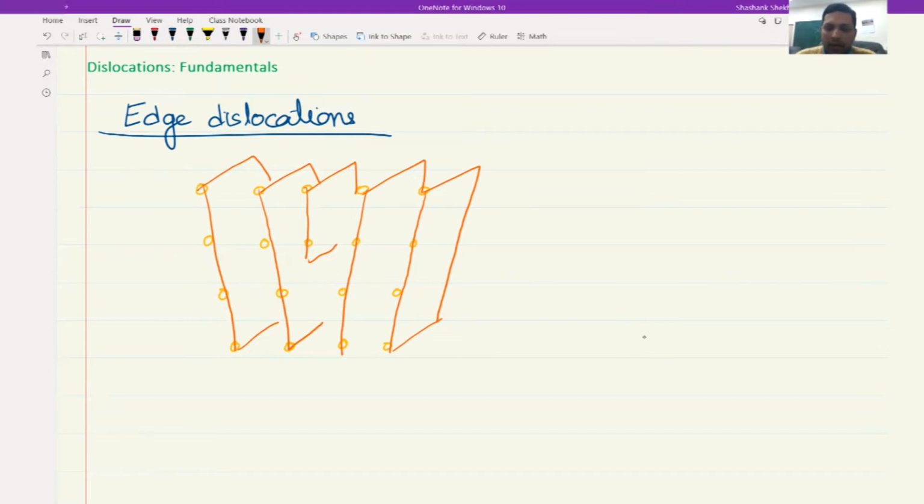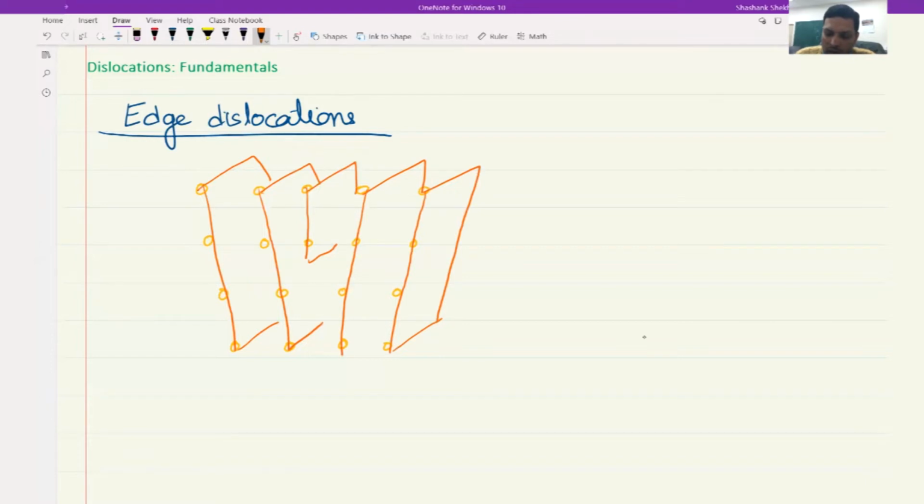So this is a 3D structure, although I have shown only a 2D view of it when we are looking at atoms. But now that I have drawn the planes, it would be clear to you that it is a 3D structure. So these are rows of atoms. When I draw that one circle, it is representing a row of atoms. And clearly you can see that this particular column of atoms ends abruptly somewhere over here, and it does not go all the way over here, unlike the other ones.